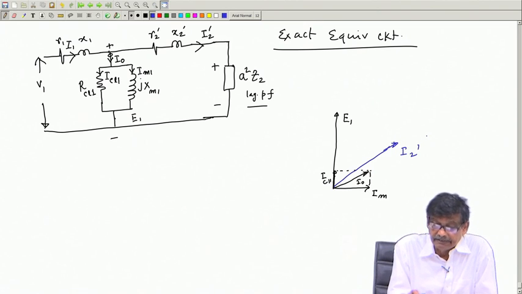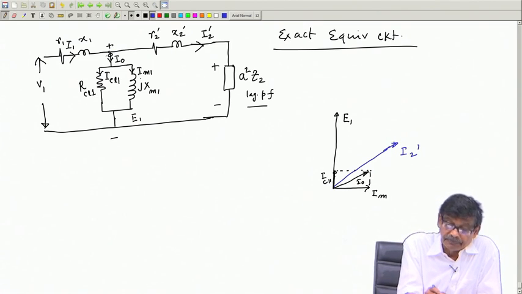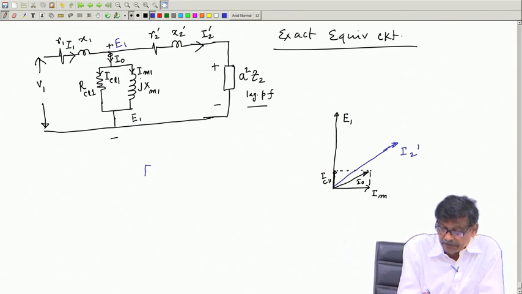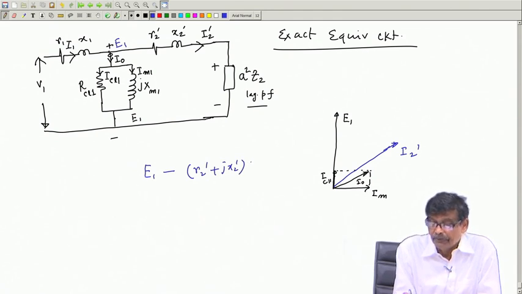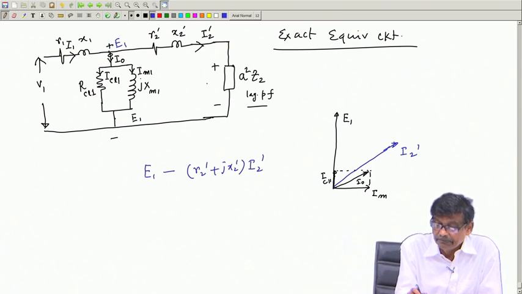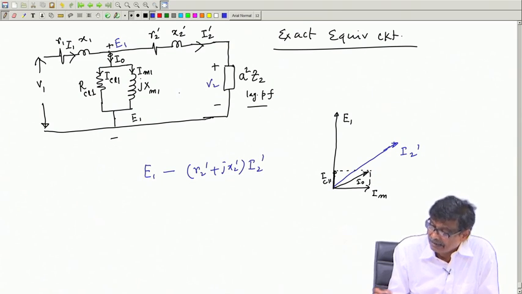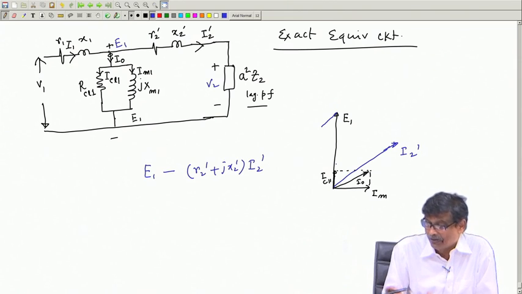From this voltage E 1, if I subtract the phasor R 2 dashed plus j X 2 dashed into I 2 dashed, I will get V 2. That is E 1 minus I 2 dashed R 2 dashed. I will make it dirty, but you just try to understand how complicated it becomes, but it can be done.